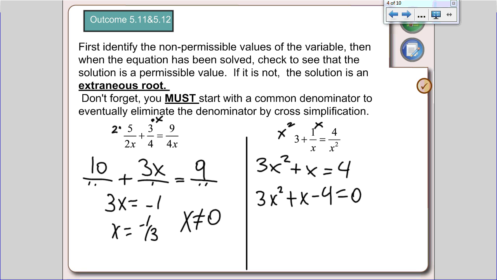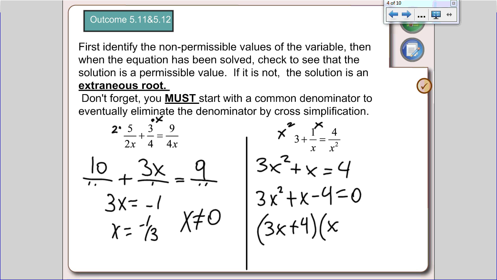You could use the quadratic formula. You could also see if you can diamond method it. Things that multiply to be negative 12 and add to be 1 are 4 and negative 3. So you can factor this nicely to just be 3x plus 4 times x minus 1.